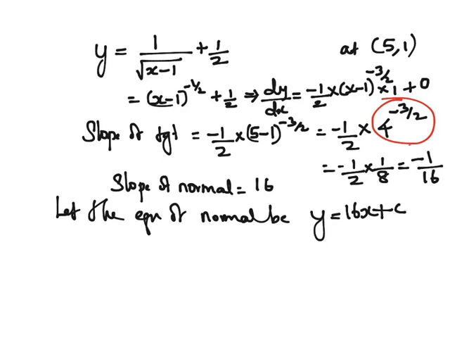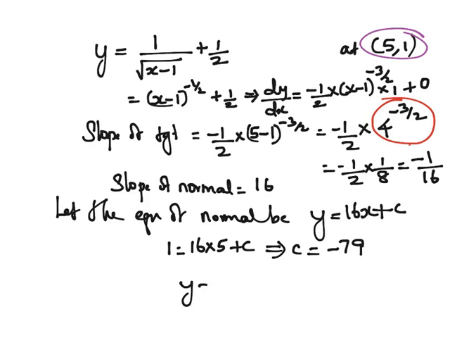Now let me use the x value and y value to find the value of c. So y is 1, x is 5, so 1 equals 16 times 5 plus c. So this will give me c as minus 79. So y equals 16x minus 79 will be the equation of normal.